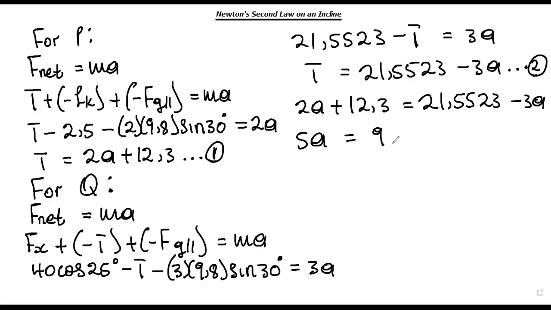So this one gives us 9.2523. Then from this point, we divide both sides by 5. So let's see. We find that our acceleration will be 1.850046. So let's just take it to 2 decimal places.